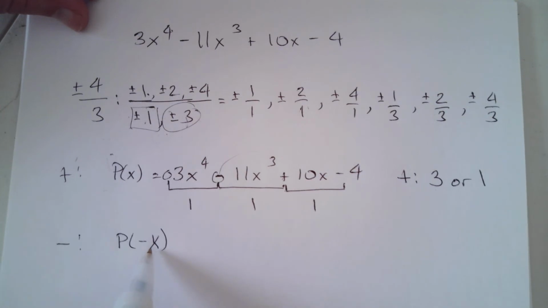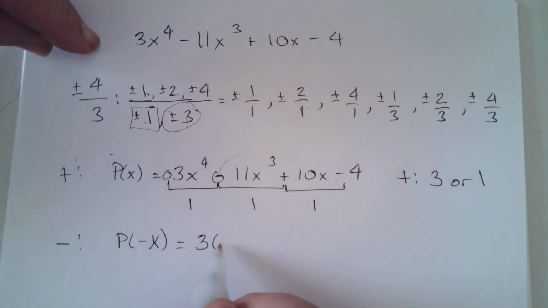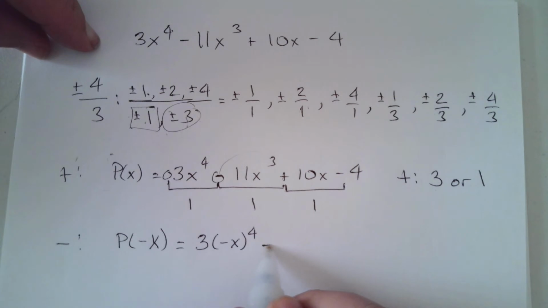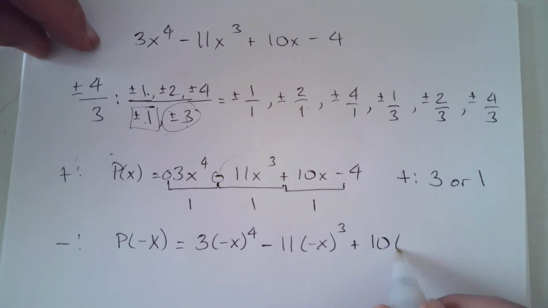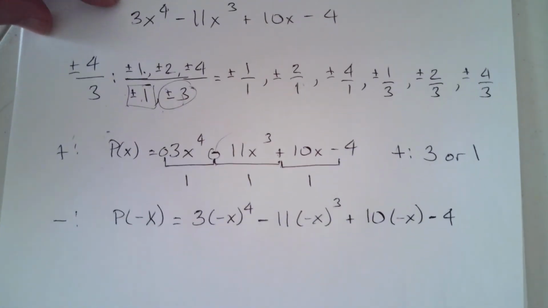So the way we do that, we put a negative x inside the function. So we have 3 negative x to the 4th, 11 negative x to the cube, 10 negative x minus 4.